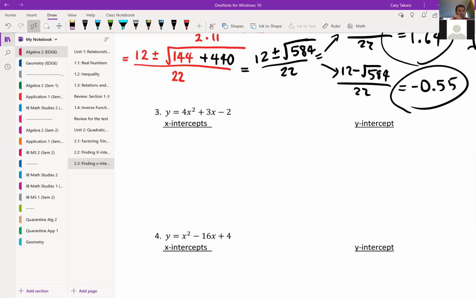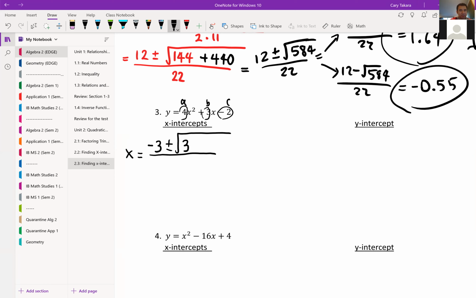So again, A, B, C are just the numbers, no X's included. A is 4, B is positive 3, and C is negative 2. Okay, so X equals opposite of B, so negative 3 plus minus.